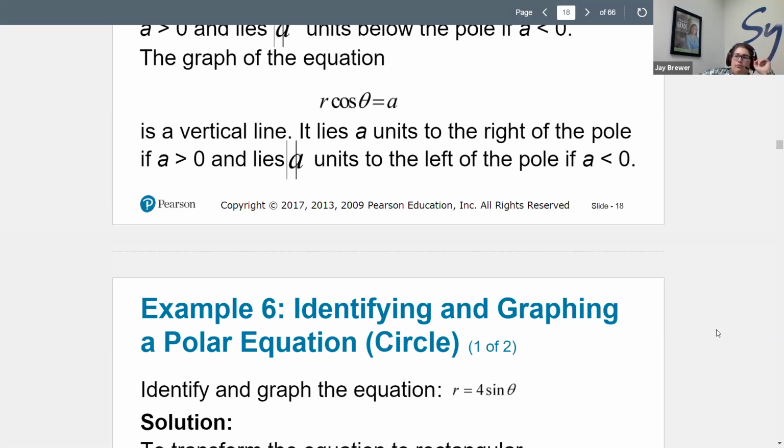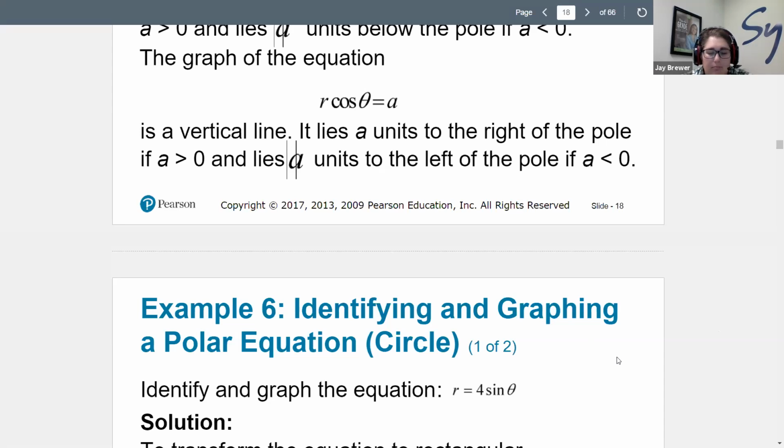What do we have to get to first? To either x or y. Right, we have to get into x or y, so we want to get to r squared first, right? So we're going to multiply both sides by r.